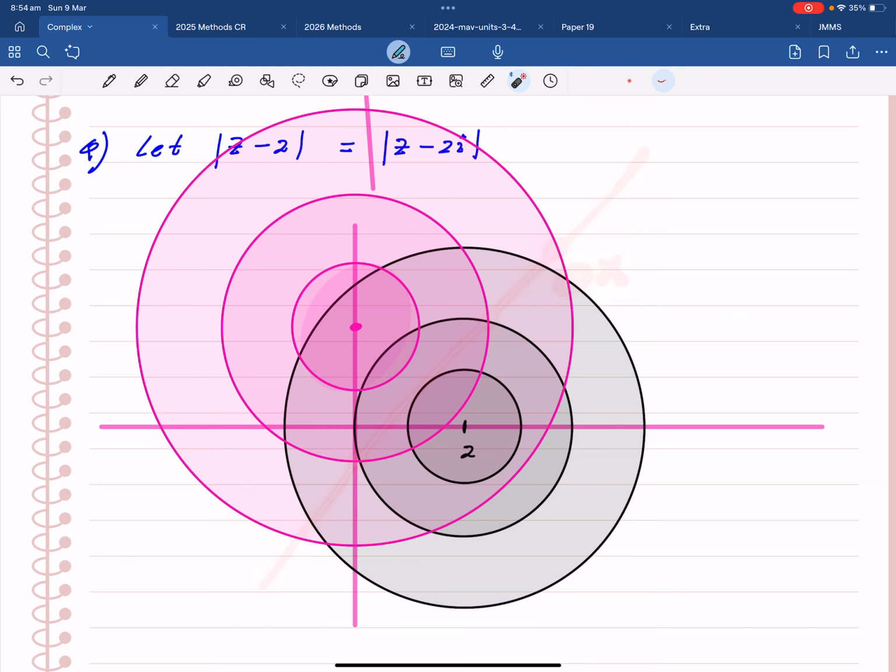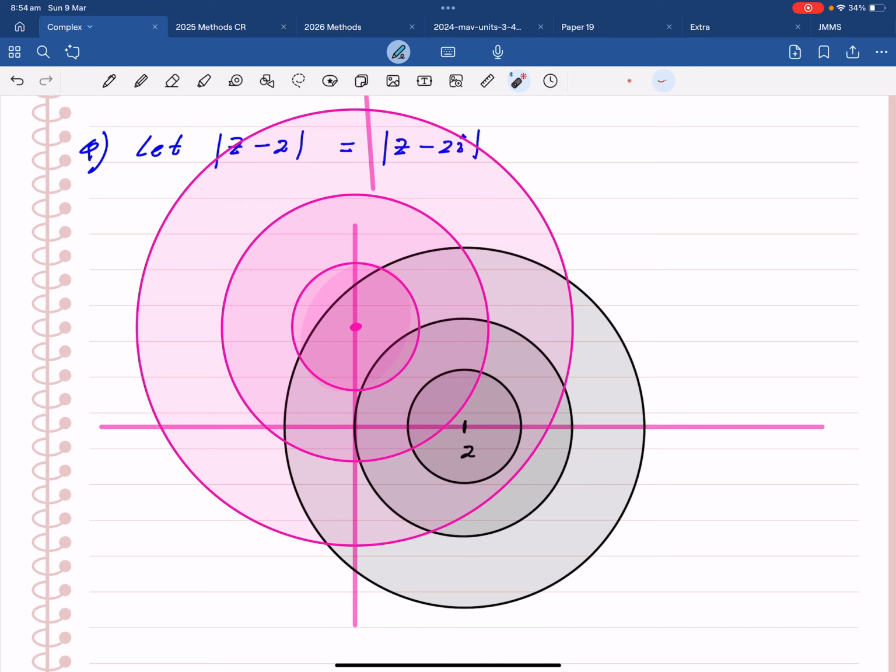So if this condition is imposed on you, z minus 2 separately here, if you think of this circle, it's here, right? z minus 2i separately, if you think about it individually.